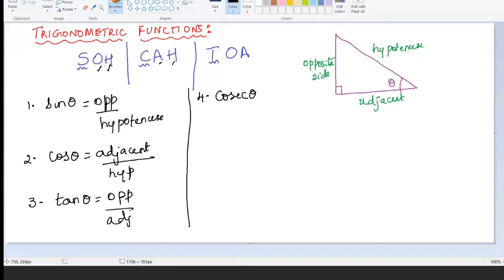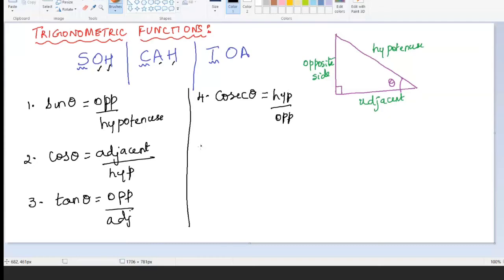For the time being, concentrate on the reciprocals. We will make sure this enters our head properly, and then I will teach you the cofunctions. I will not mix them up. So reciprocal of sine is cosecant. If sine is opposite by hypotenuse, this one should be hypotenuse by opposite, the inverse of that.